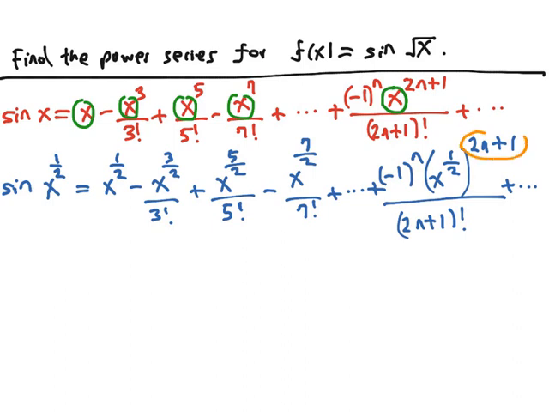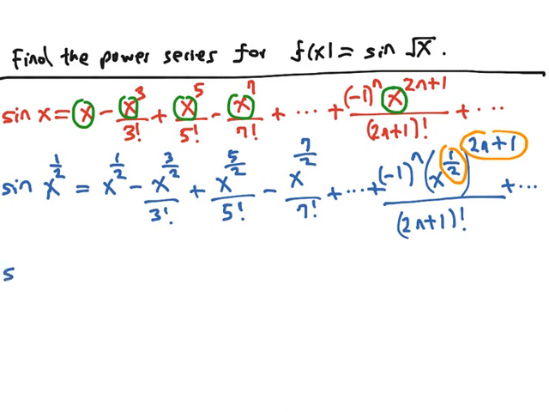Again, what you have here is the power of a power. So if you choose to, you could go ahead and multiply the exponents, or you could also represent this power series in an alternative format.